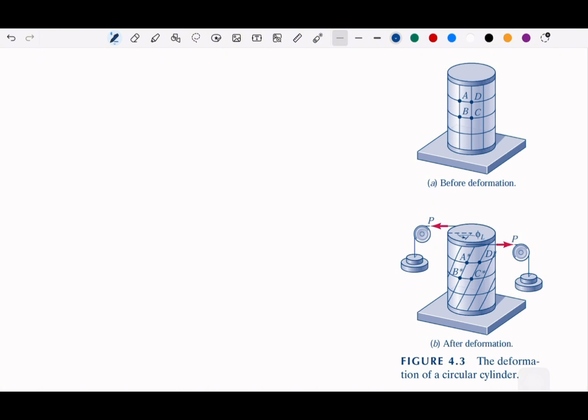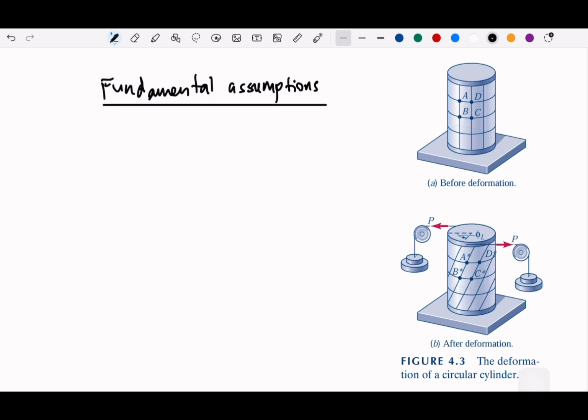Now we can write some notes here. Our fundamental assumption: the axis remains straight, and this is pretty important, and remains inextensible.